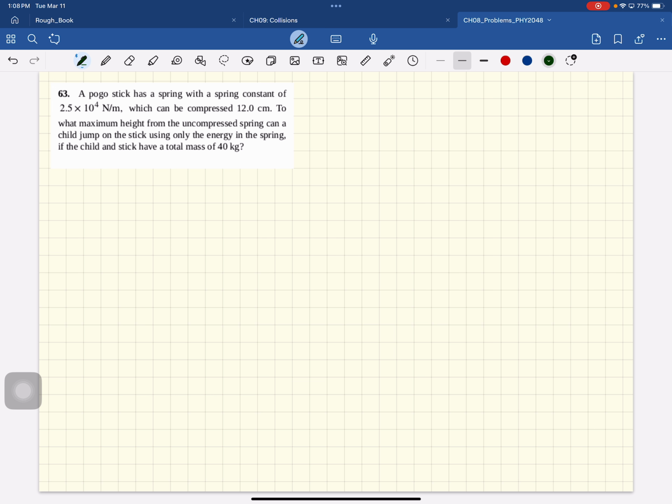Okay, so here's the compressed spring. Here's the uncompressed. And this is 12 centimeters. What maximum height from the uncompressed spring?